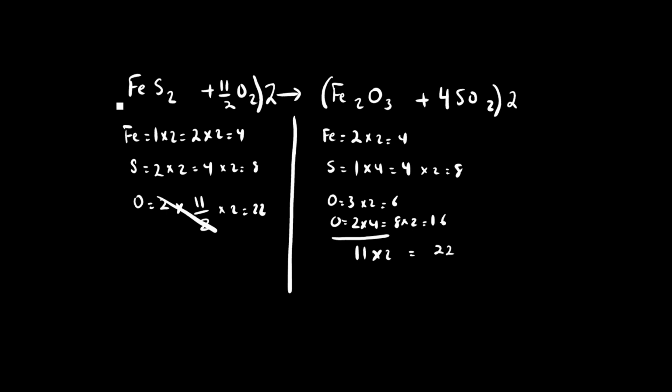We're going to have a coefficient of 4 in front of our iron disulfide, a coefficient of 11 in front of the oxygen, a coefficient of 2 in front of the iron oxide, and a coefficient of 8 in front of the sulfur dioxide. Now our equation is balanced.